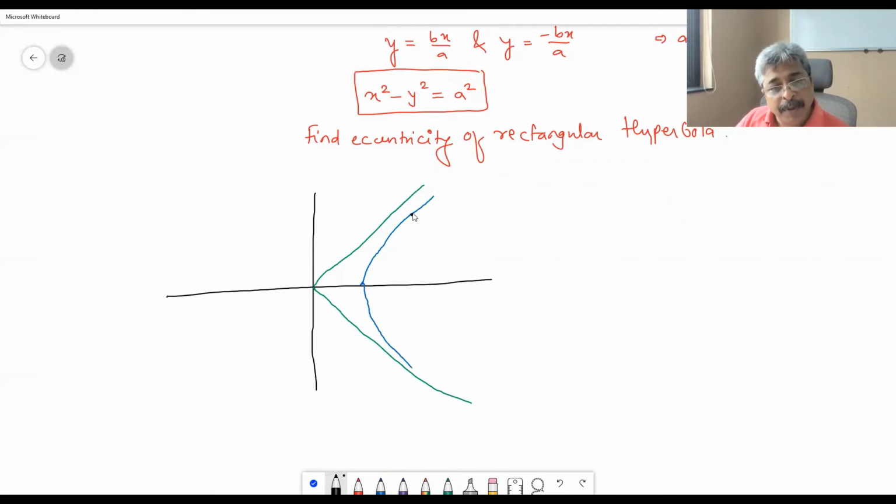Suppose you have a point P on the hyperbola whose coordinates are x comma y. Just use the same notation, everything the same, for the rectangular hyperbola.